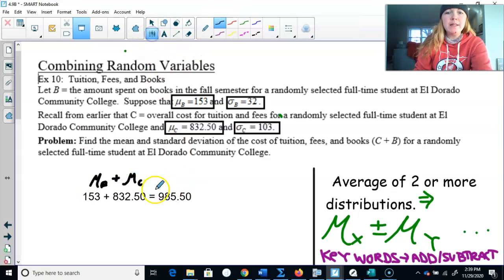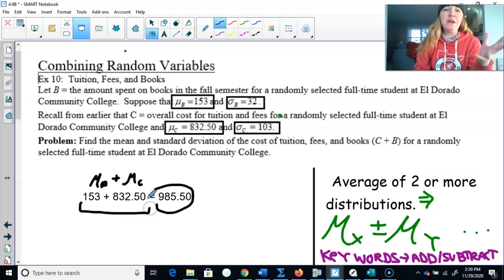So what would I want to see on a test? Obviously, I want to see the correct answer right here, but I also need to see this work. Very straightforward.